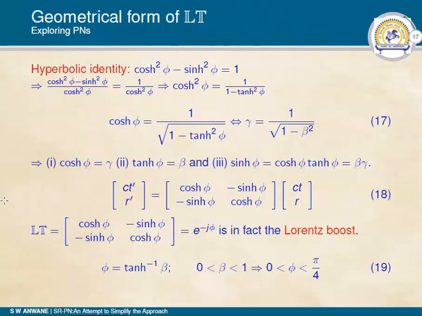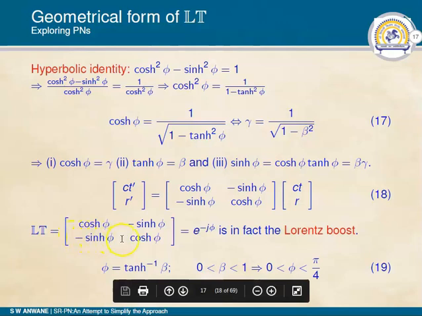To obtain sinh phi, we shall multiply cosh phi and tanh phi. That will offer us simply beta into gamma. Now we can write the geometrical version of the Lorentz transformation, which we are going to call the Lorentz boost, equal to cosh phi, minus sinh phi, cosh phi, which has unity magnitude.